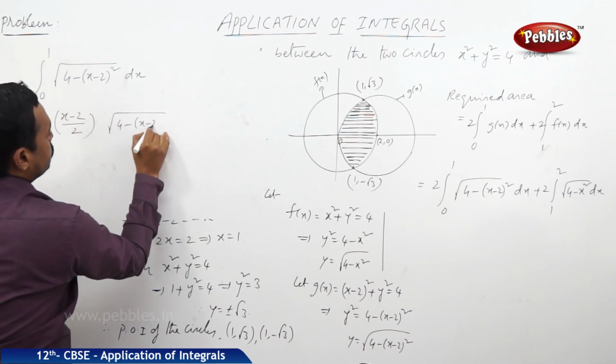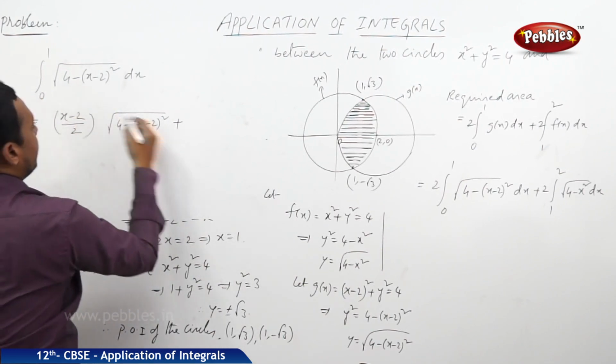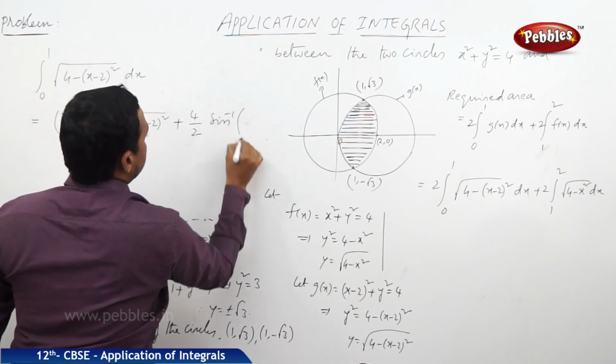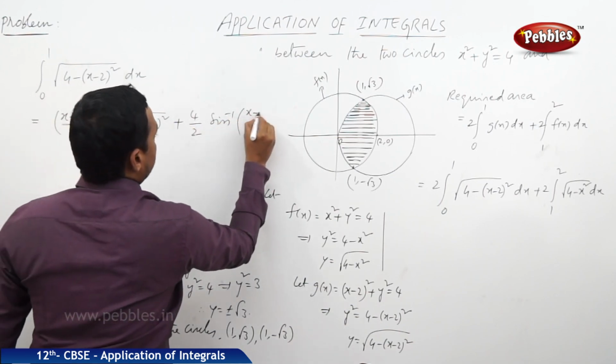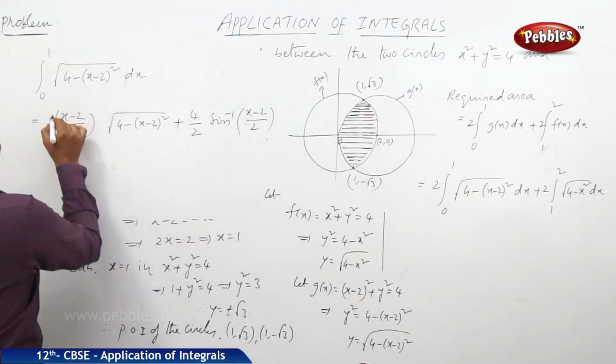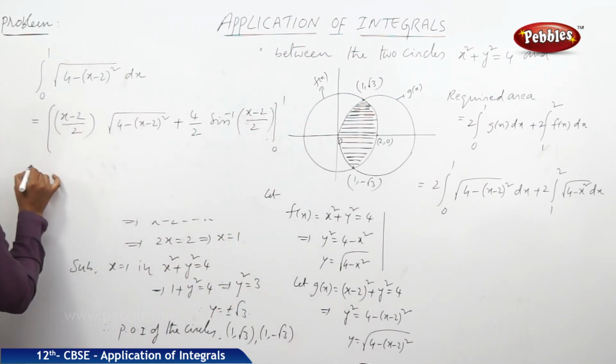minus (x minus 2) whole square plus a square, that is 4 by 2 into sin inverse x by a, where x is equal to x minus 2 by 2 and a is equal to 2, under the limits 0 to 1.